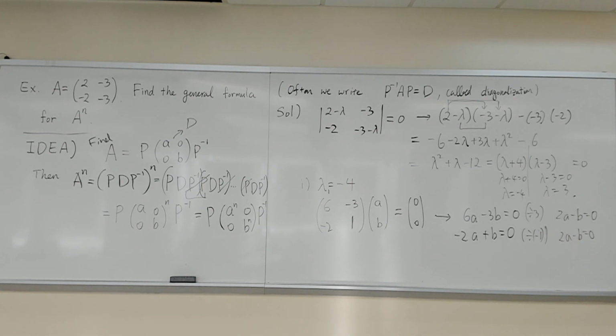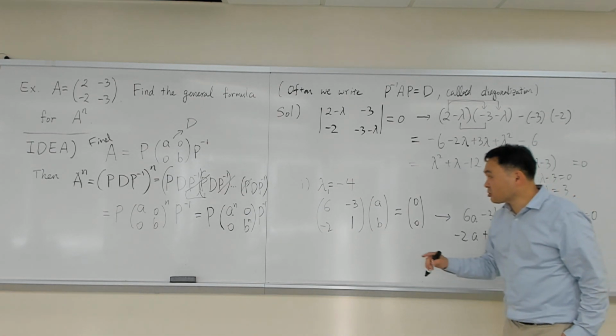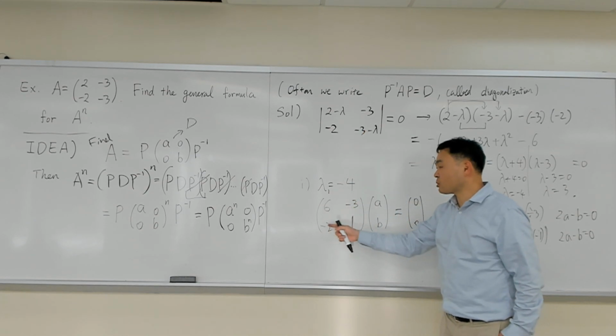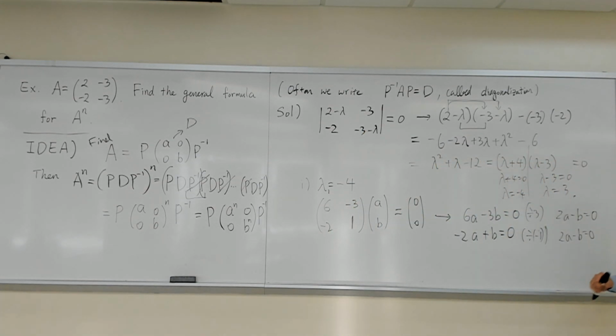So it's always given: if your eigenvalues are computed correctly, when you plug it back in and write down the eigenvector equation, you'll always find that the equations that you get are identical. So that's one way to check if you're doing your calculation correctly. Okay, now we're looking for simplest numbers that satisfy 2a minus b equals 0.